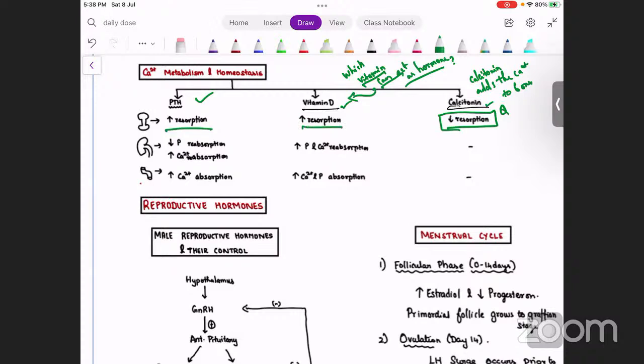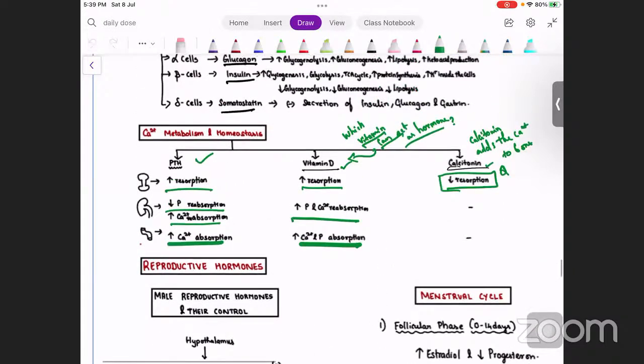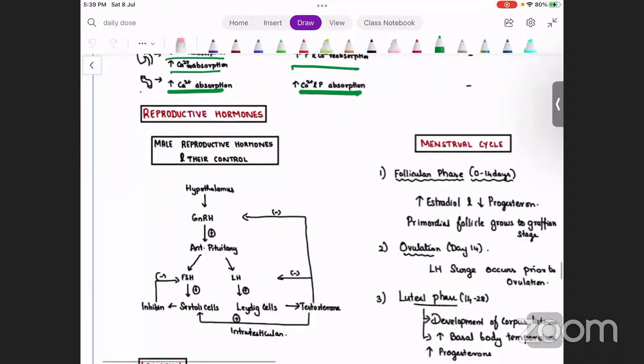In the kidneys, they reabsorb calcium along with phosphate, but there is a difference between PTH and vitamin D. PTH will decrease phosphate reabsorption and increase calcium reabsorption, while vitamin D does both. In the intestine, vitamin D also increases calcium absorption. So this is all about calcium metabolism and homeostasis.